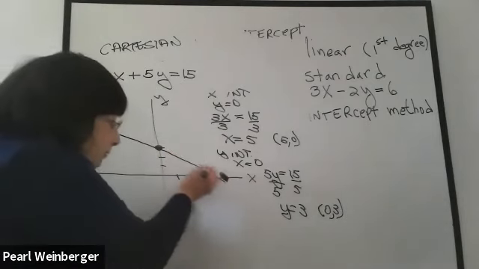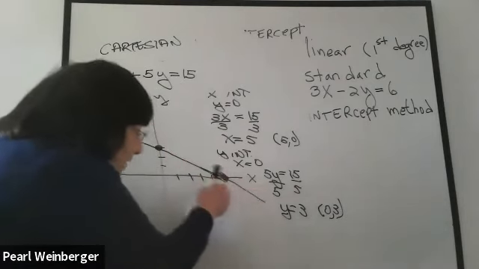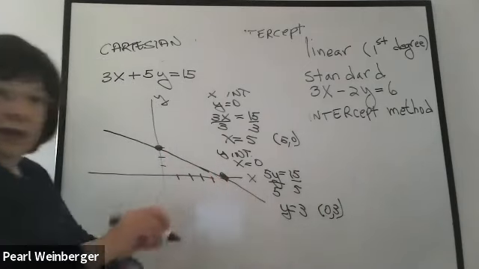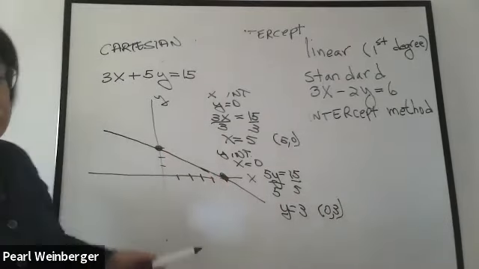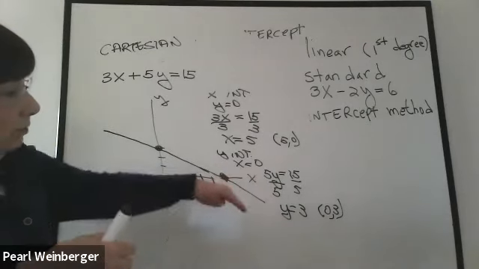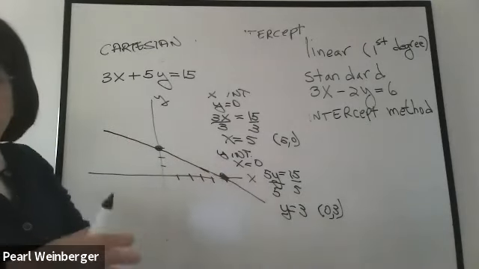How many people got a line that looks approximately like that? Your line should slope down this way. I got that, but I think I was confused by the question because I just put 5, 0 and 0, 3 as the answer, but all we're finding is where the intercepts are.